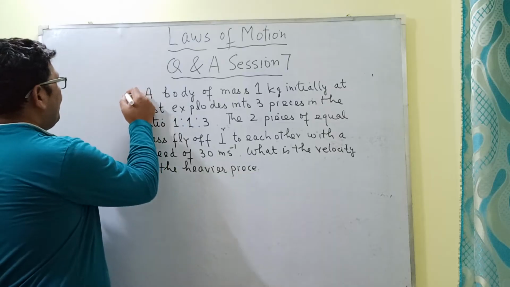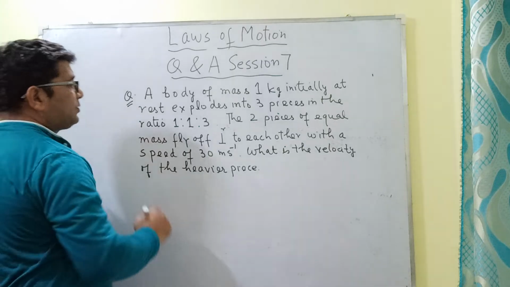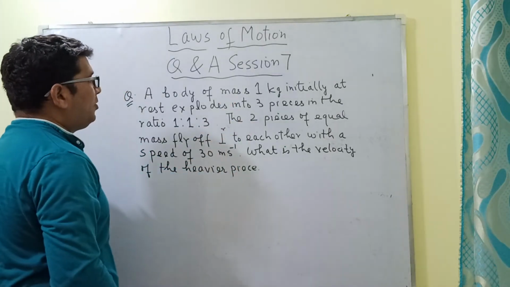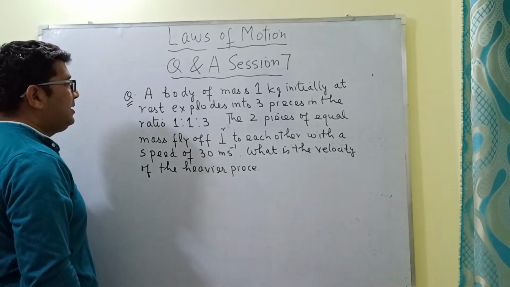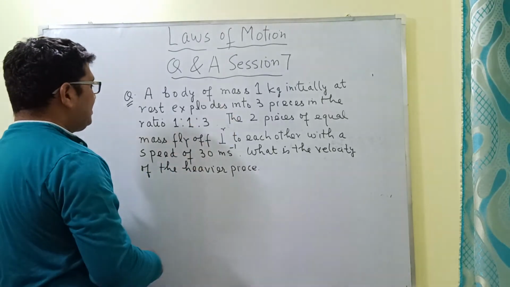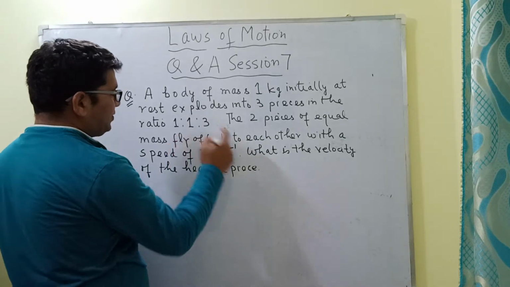So in this it is written that there is a body of mass 1 kg and it explodes into 3 pieces in the ratio of 1:1:3.